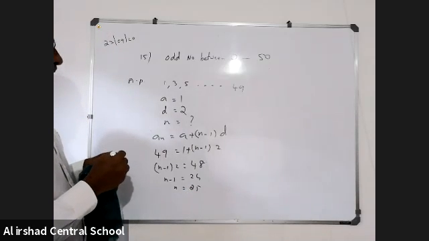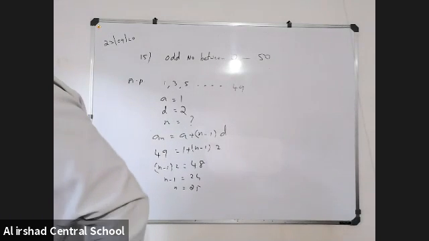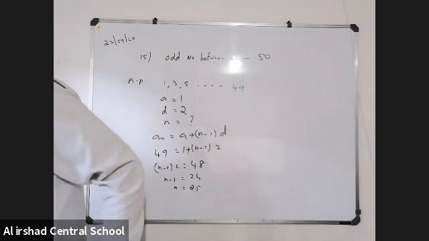So N is equal to 25. Now, what is the question? Find the sum of the numbers.